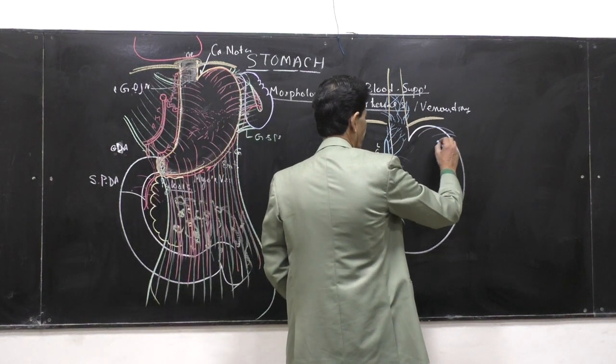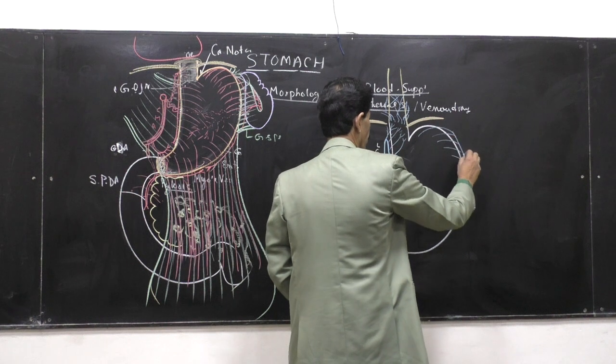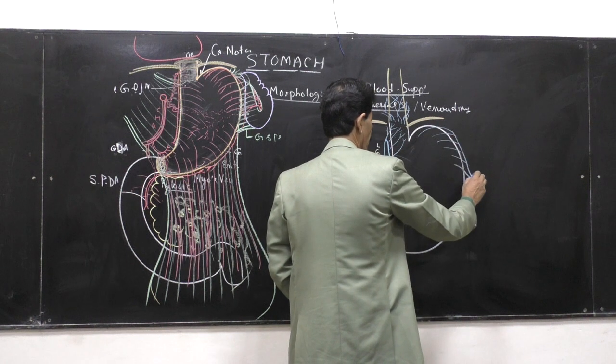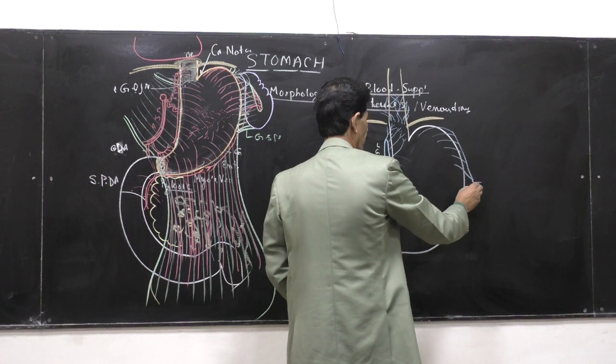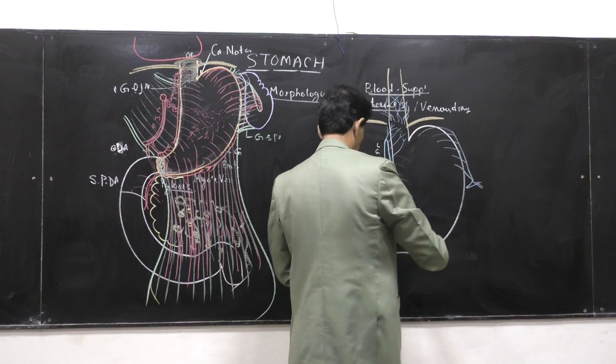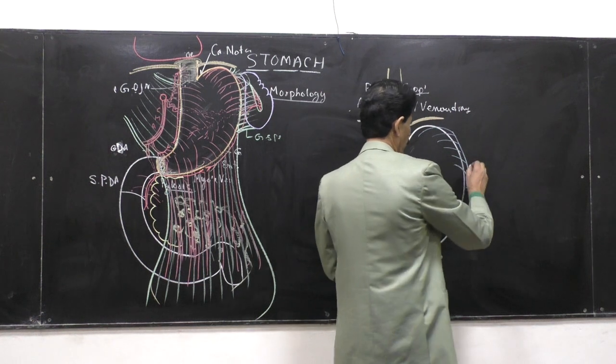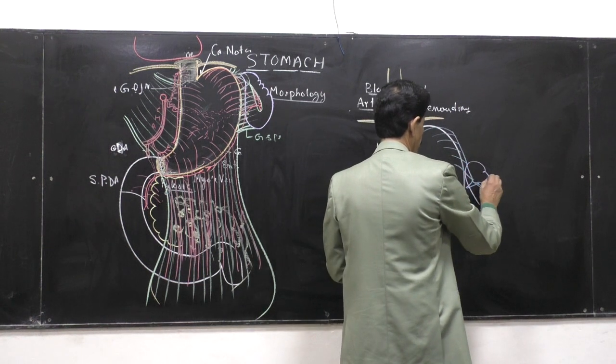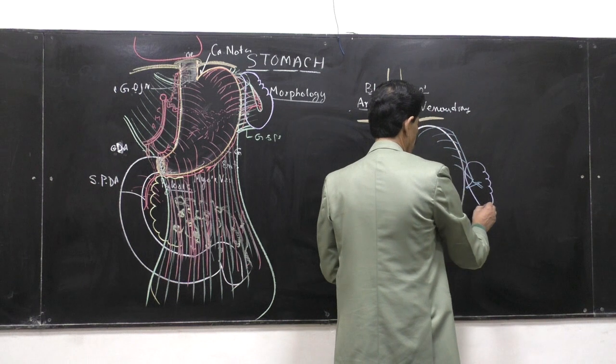Similarly, the short gastric veins also accompany the short gastric arteries, and they go into the splenic vein. So the splenic vein starts at the hilum of the spleen, and it carries the veins of the stomach as well.